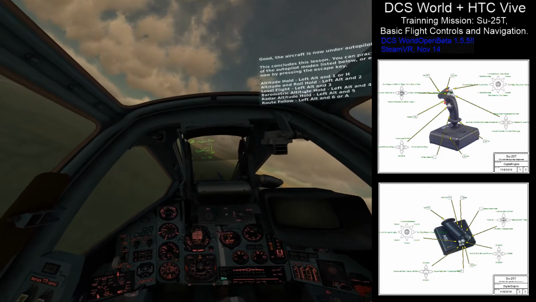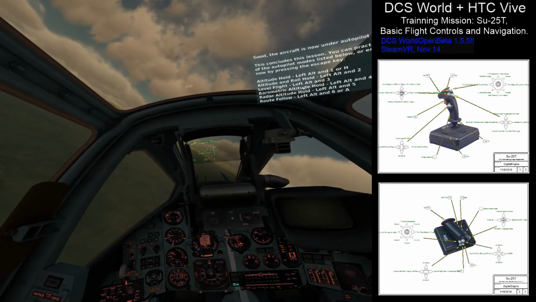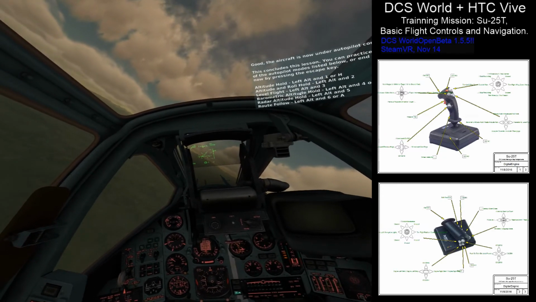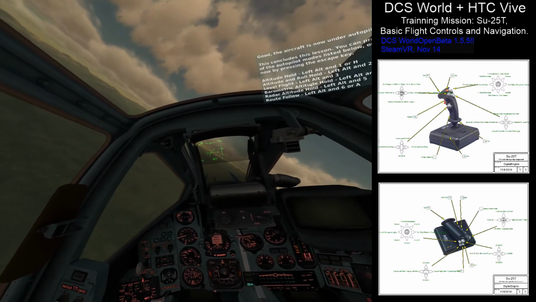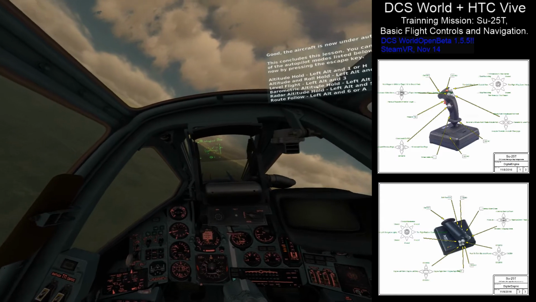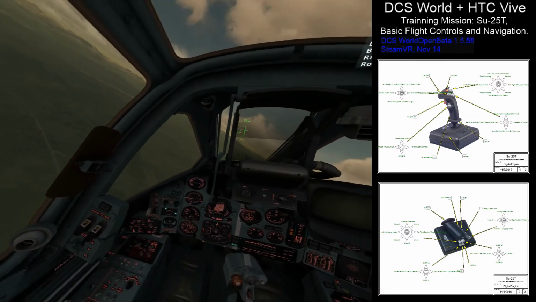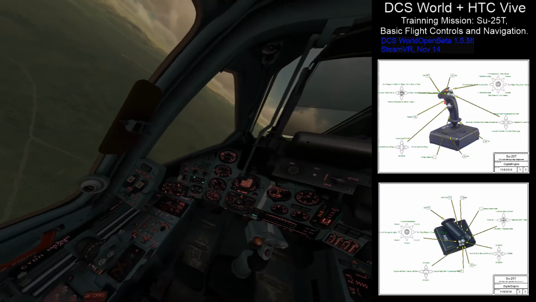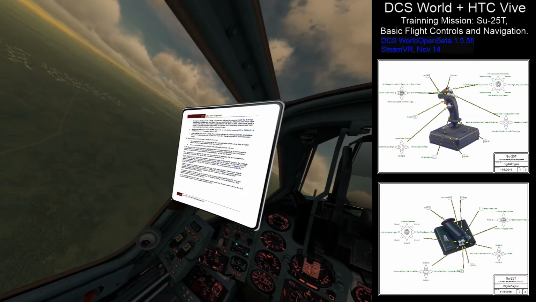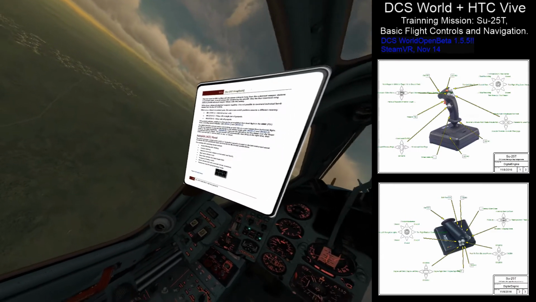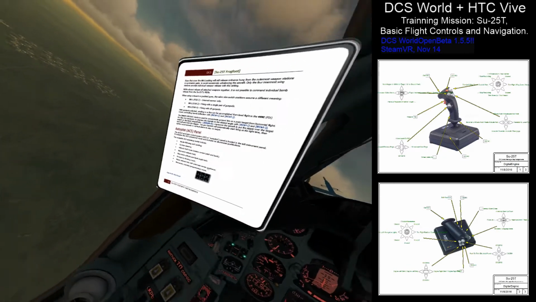Okay, our radar altimeter is engaged. So, activating radar altitude hold. And what this mode does is, bring up our board. Radar altitude hold with automatic terrain avoidance.